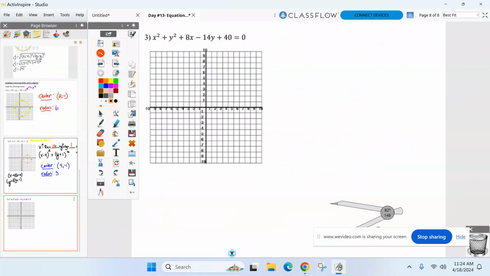Send the constant over. So on this side, you should have -40 now. Go ahead, find your new C values. B value divided by 2 squared.